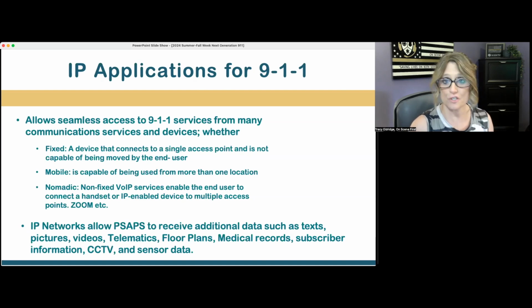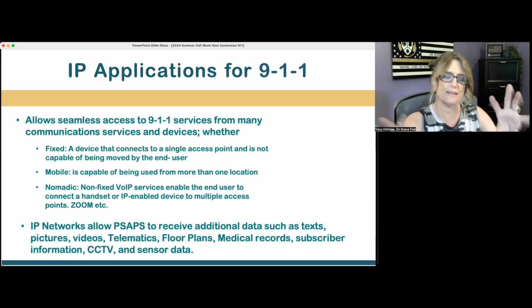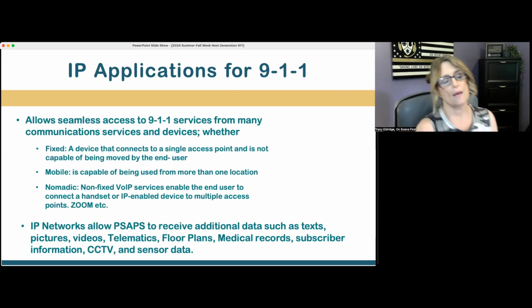So that's your traditional landline phone. It could be considered a VoIP type phone that is not the VoIP that you can pick up and take with you, but the network multi-line phone systems enterprises. And then you have mobile, which is capable of being used from more than one location, so our mobile phones.